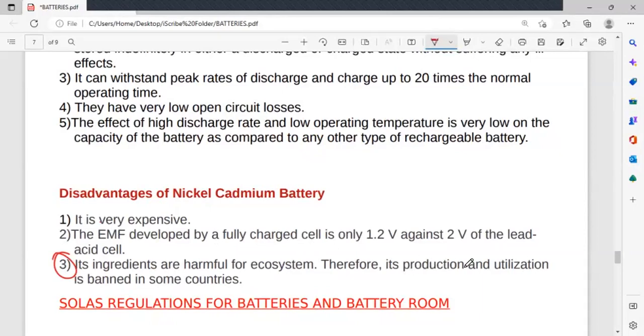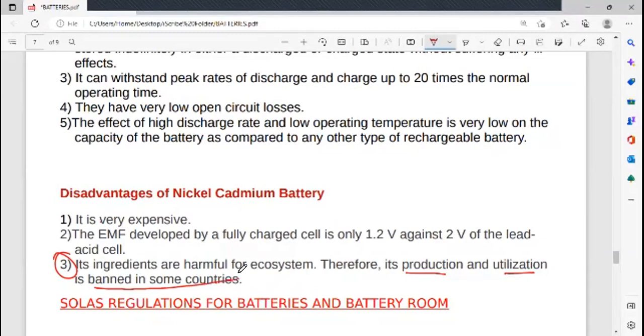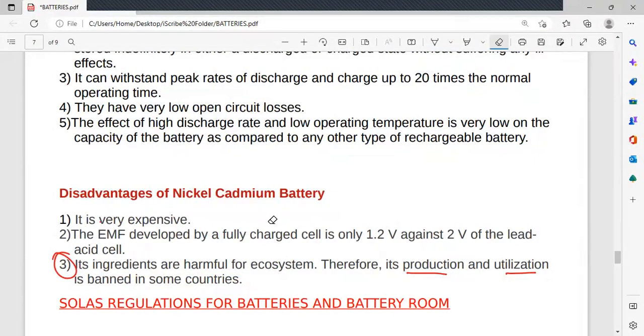Therefore, its production and utilization is banned in some countries. So when it is banned in some countries, if you want to get it replaced in that particular country, and it is already past its service life, for example, you will not be able to get it.